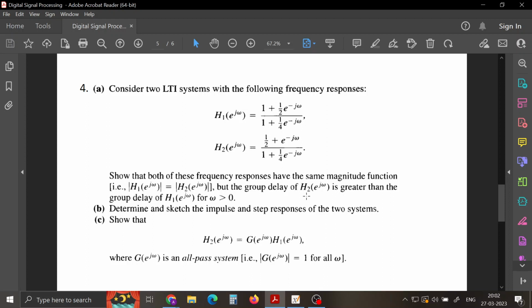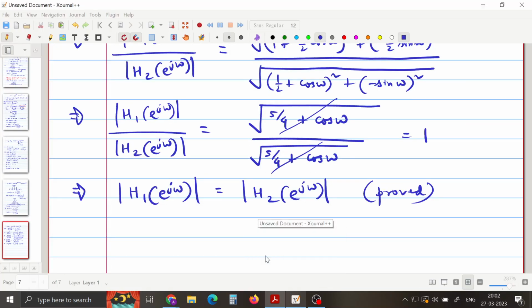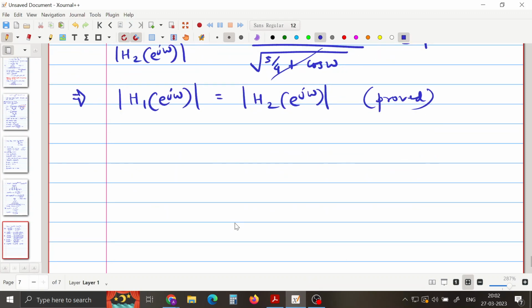For group delay, remember again we have to use that formula, minus d by d omega of the phase. So for that, first we have to find the phase and then take its derivative and impose a negative sign. So for finding the phase, let's try to find the phase.